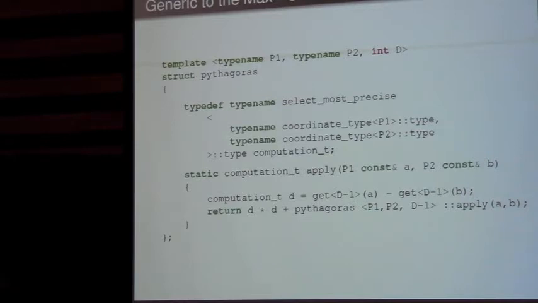We're going to tell the compiler it's going to be a type, because it's dependent. And this select most precise, the coordinate type of P1's type and the coordinate type of P2's type, whatever the select most precise meta function is, it's going to have a type that we can get out of it. That will be the most precise type between the two, and that's going to be my computation type.